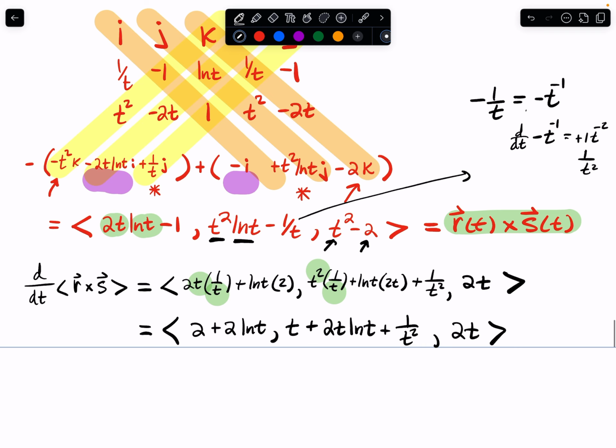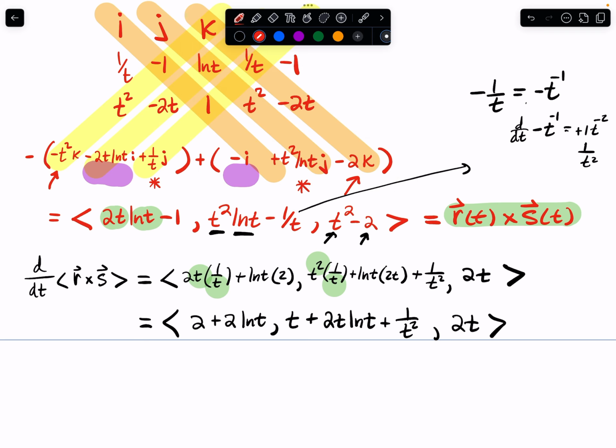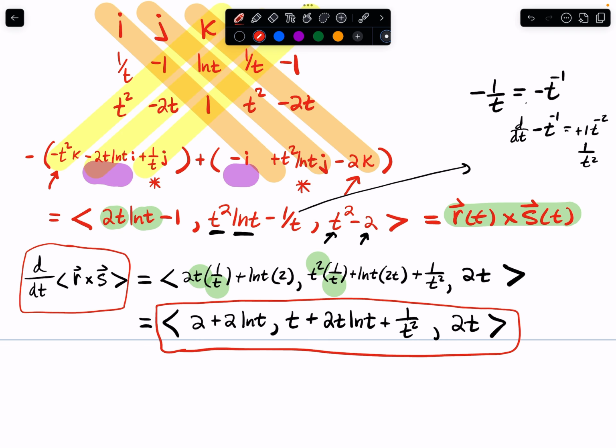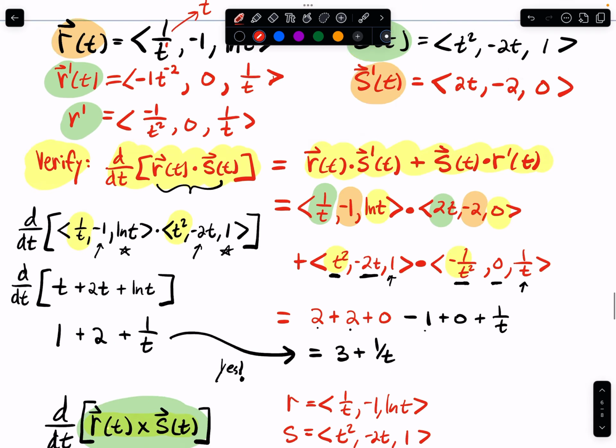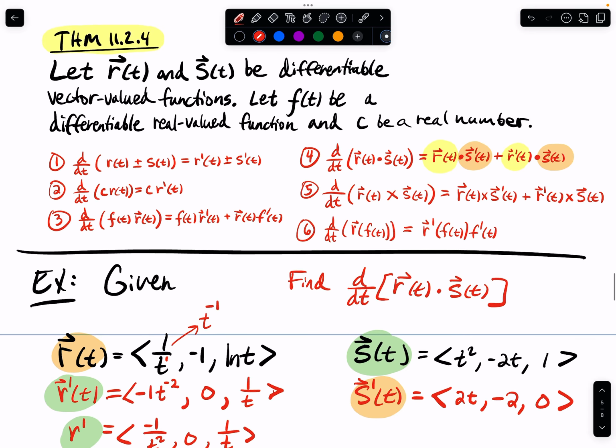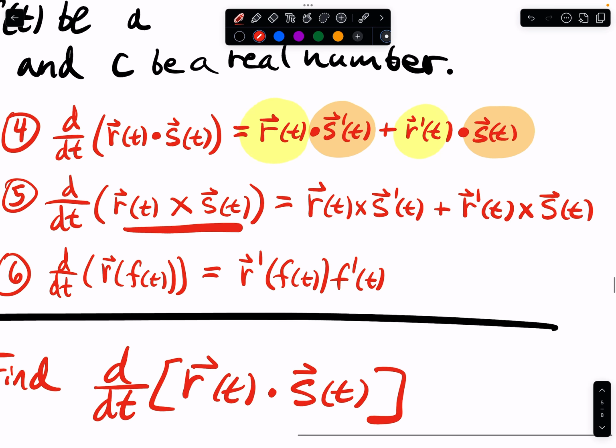All right, so a lot of work there, but as long as that took, that would still, I think, be the fastest way to solve it. Because if we had to use our rule here, not only would you have to do one cross product, you'd have to do a second cross product to use the rule.